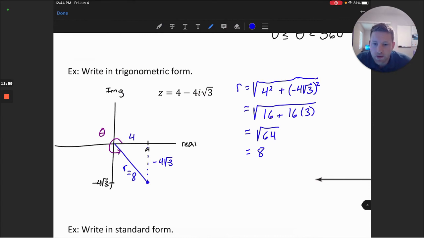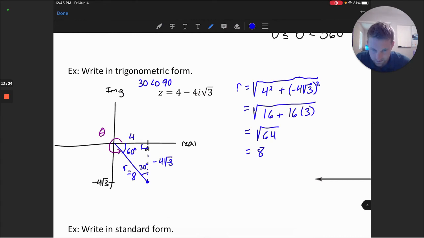This shouldn't be surprising to us because right here we have a 30, 60, 90 triangle. That's going to have the same ratios as a 30, 60, 90, and this reference angle that we have inside will be our 60-degree angle, and this will be our 30.